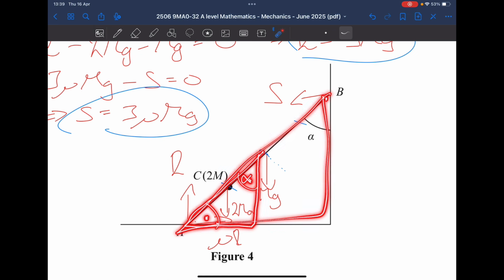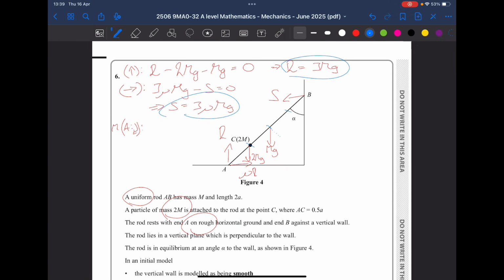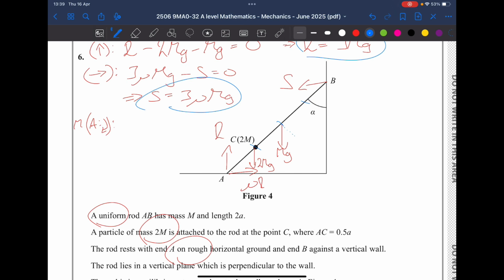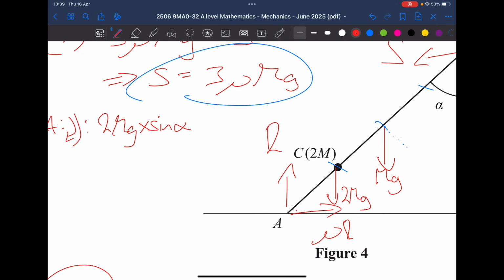So the other side of that is also not alpha. We're going away from our angle, so we need sine of alpha. For the 2mg, times sine of alpha, times the distance away, a over 2. I'm going to combine that straight away at the front. So we just have amg times sine alpha. So that's one term.